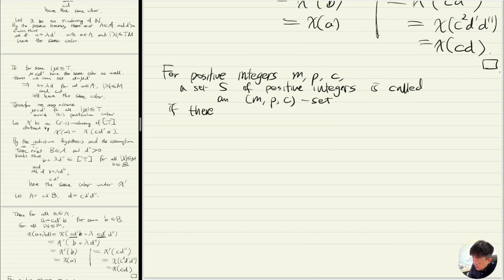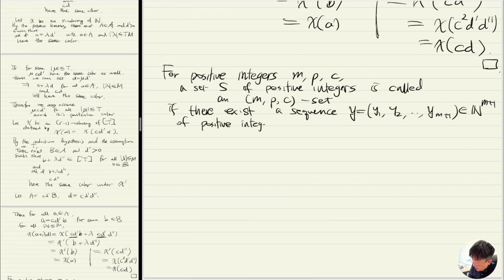if there exists a sequence y, y1, y2, up to ym plus 1 of positive integers such that S is equal to, let me write it with this notation, D of Mpc semicolon y.